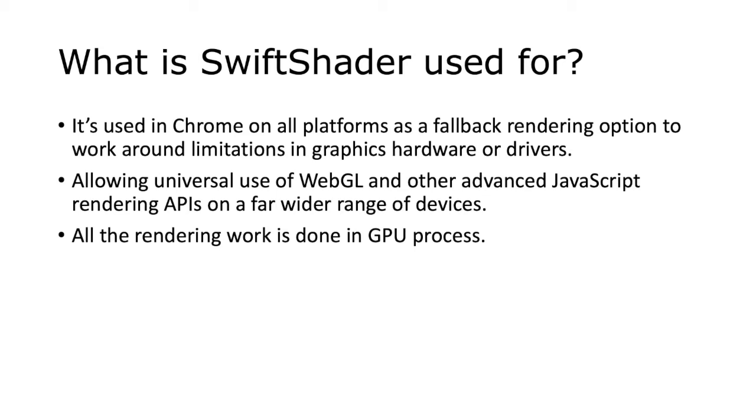SwiftShader is quite an interesting attack surface in Chrome, since all of the rendering work is done in the GPU process. Since the GPU is responsible for drawing to the screen, it needs to have more privileges than the highly sandboxed render processes that are usually handling web page content.